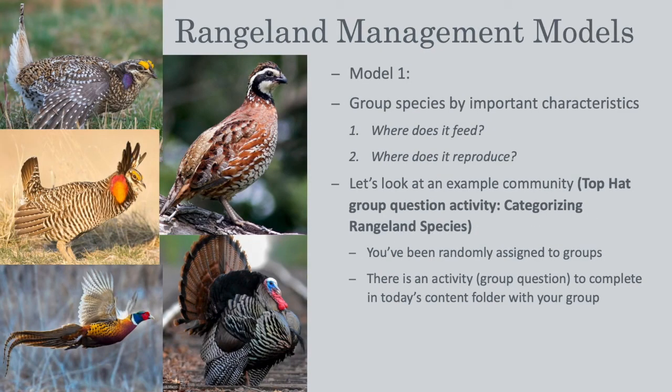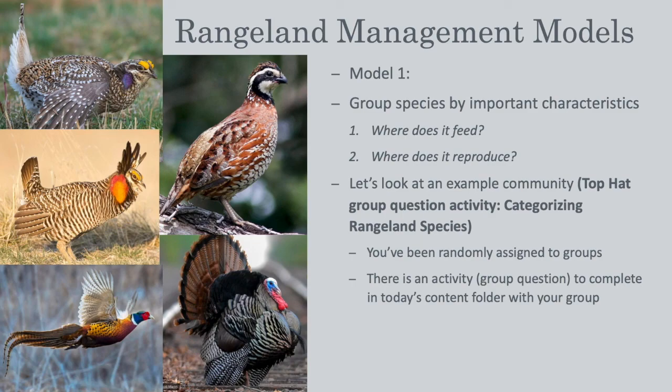So I want you guys to look at an example community and try to categorize them. So on Top Hat, you will see a group question. You have unlimited responses, so you can kind of treat it as a chat discussion board with your team, and you've been randomly assigned. And I want you to categorize these Nebraska game bird species based on these two questions, right?